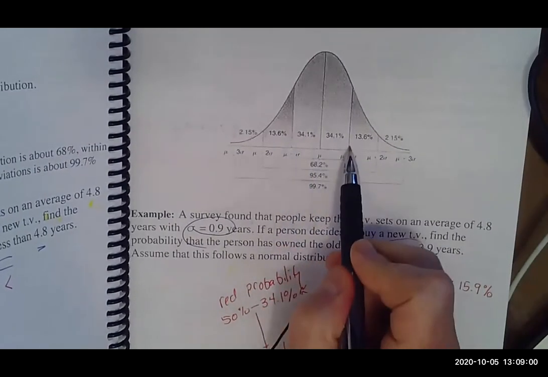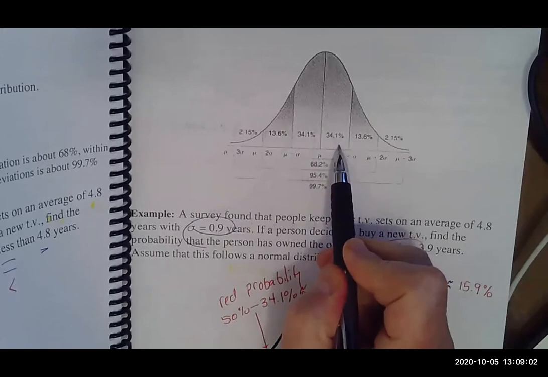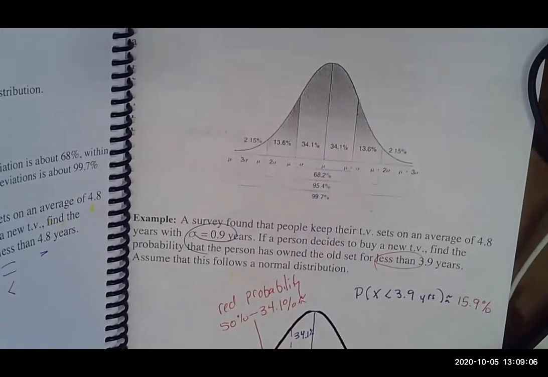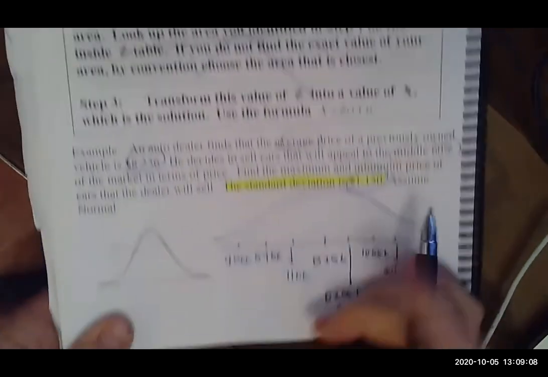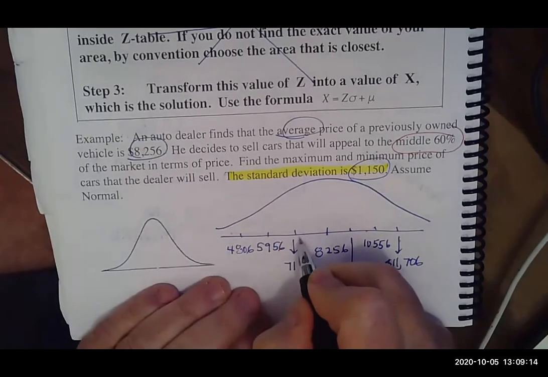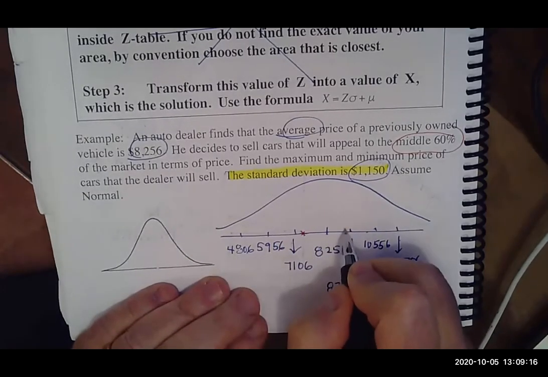So between the first markers, that's 68%-ish. About 60, I don't want quite that much. I want to go in a little bit, like right about here and right about there.